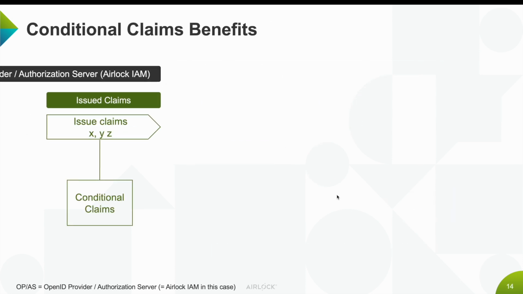Let's have a look a little bit more at the claims part. Claims are issued in several components of Airlock IAM. First of all, and most importantly, the token endpoint. In an OpenID Connect authorization code flow, the token endpoint issues the ID token, which contains claims. There you can use the conditional claims now.